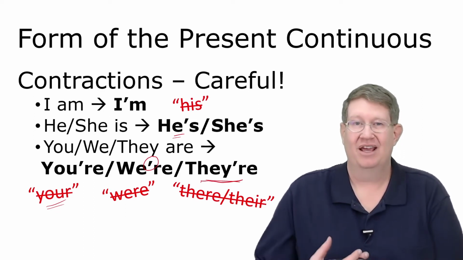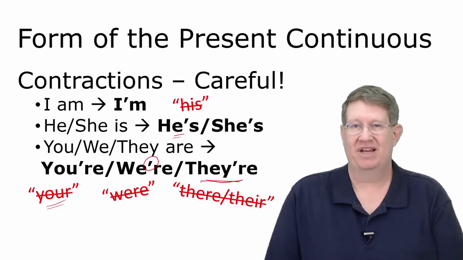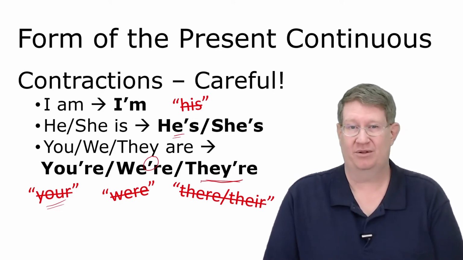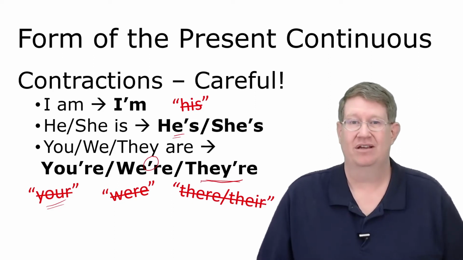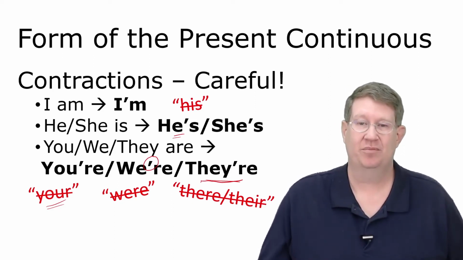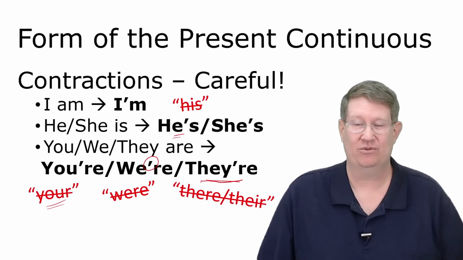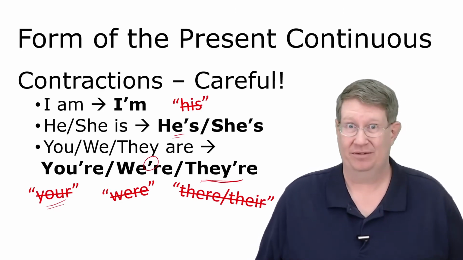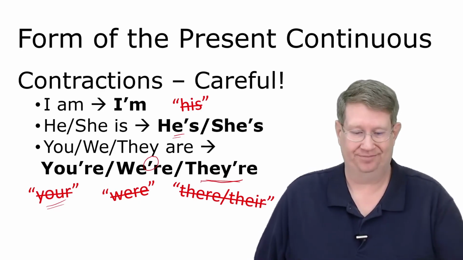And again, the people who are most likely to make those mistakes are not language learners. The people who are most likely to make those mistakes are actually native speakers. So just because somebody's a native speaker doesn't mean they get this right. Sorry about that. Sometimes we don't set a very good example.